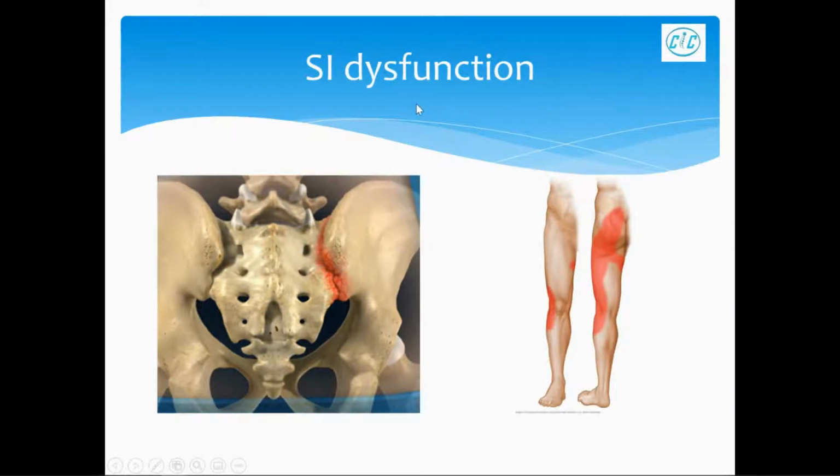Sacroiliac joint dysfunction, which is right here between the sacrum and ilium of the pelvis, as we discussed before: if there's irritation right here, damage, arthritic deformation, and joint dysfunction, the pain that the patient usually refers to would be in the buttock area where the joint is, and then it radiates to the side of the upper part of the leg, the thigh, and then the outer part of the knee.